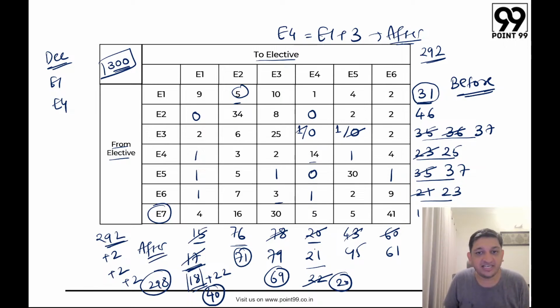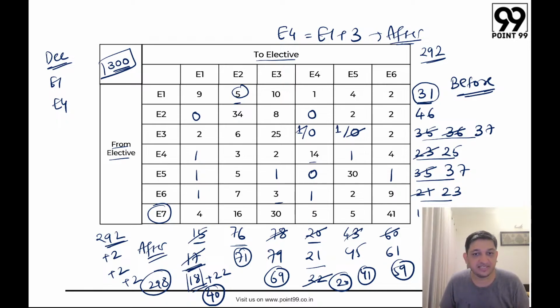So E4 will be 21 minus 1, which is 20. E5 will be 45 minus 4, which is 41. And 61 minus 2 will be 59. Okay, so we have 40, 71, 69, 20, 41, 59. So what is the descending order that we have here?